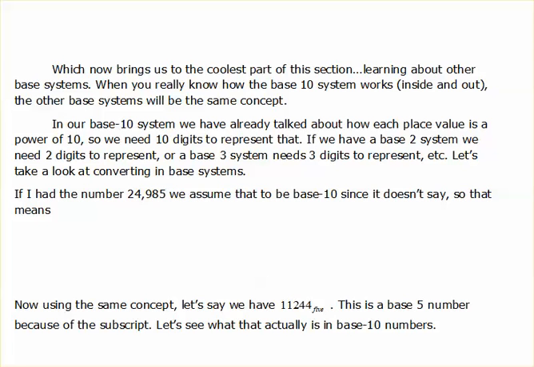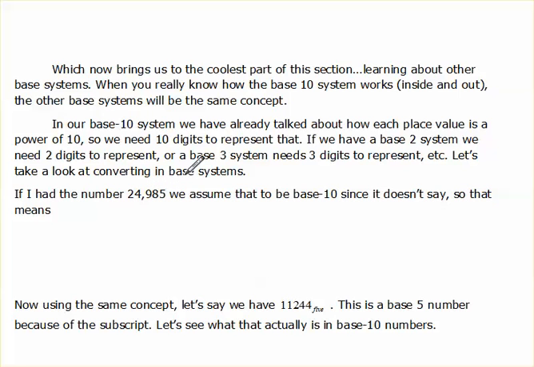So let's talk about how we would convert in a base 10 system. Okay, so before we do that, let's take one more look at our system, and then we're going to apply it to a different base system. So let's say that we have this number 24,985.